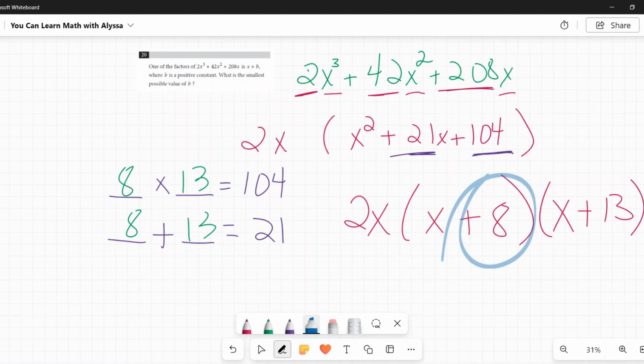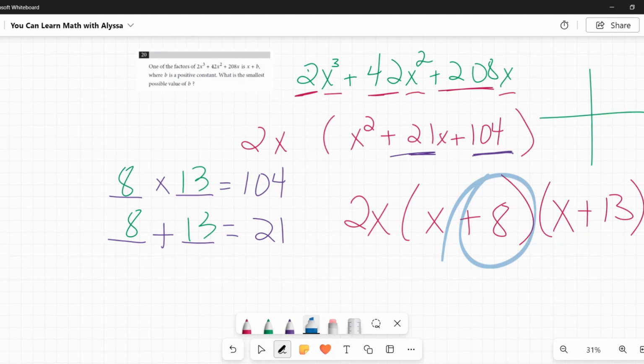Another thing you can do with graphing, just be careful with this. If you decide to go the graphing route, you can graph this. You can put this 2x cubed plus 42x squared plus 208x into a graph and you can look and see where it crosses the x-axis. And that's where you're going to find your factors.